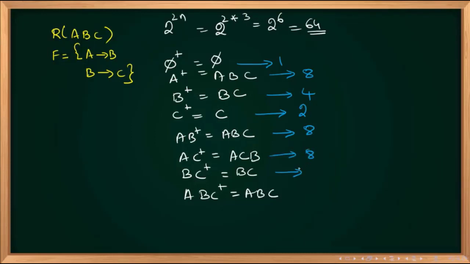Again it will be 4 and 8. Total how many? Final answer, totally add it. 43 will come. Okay. So that is the way we find this closure. They may ask this number. It's very important. Fine.